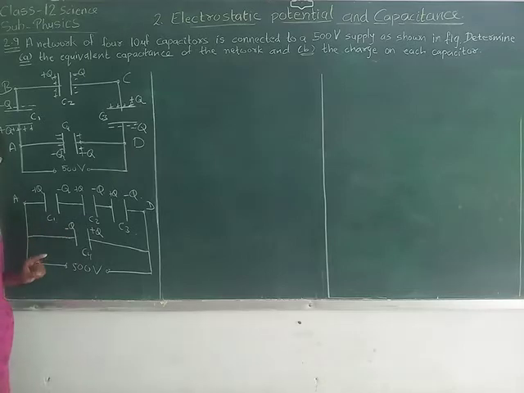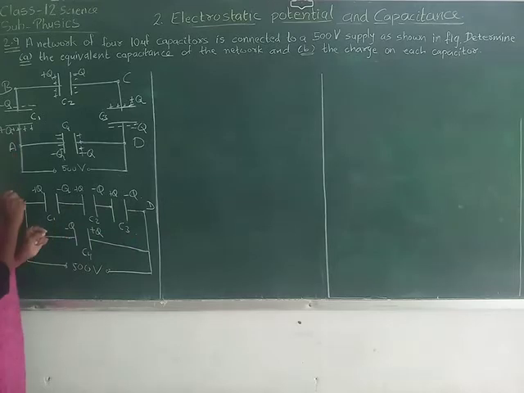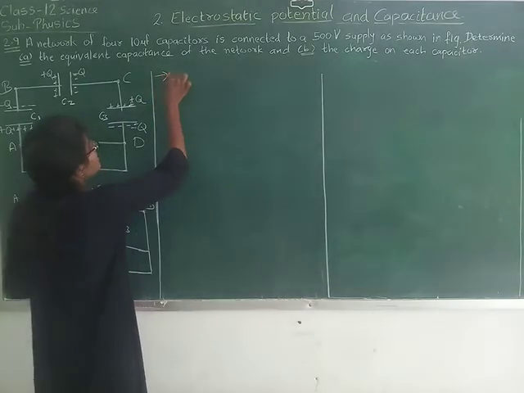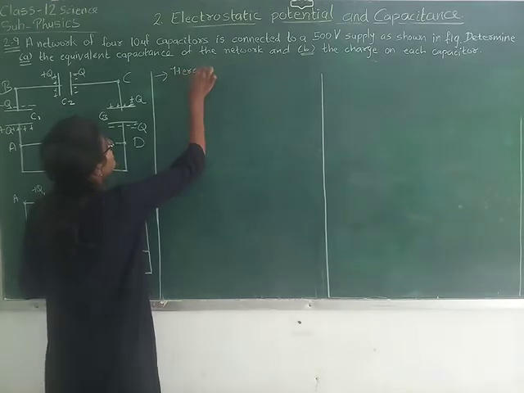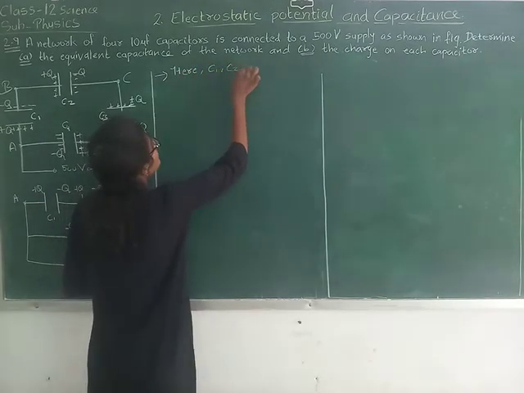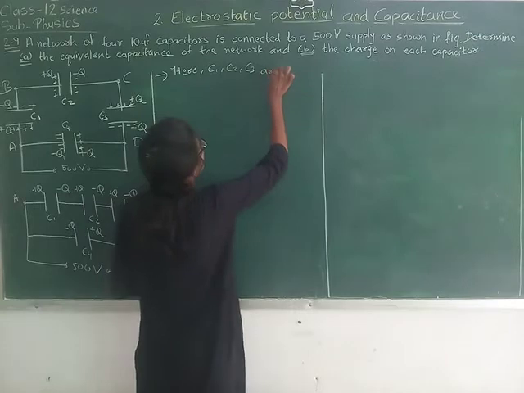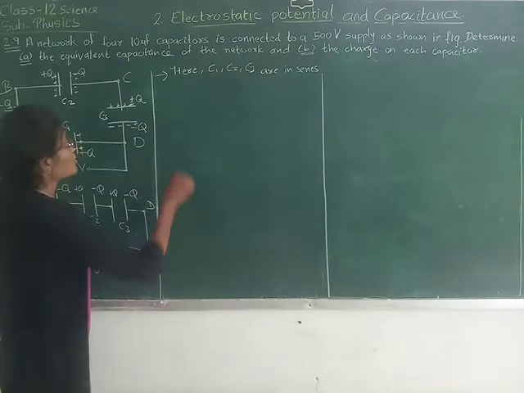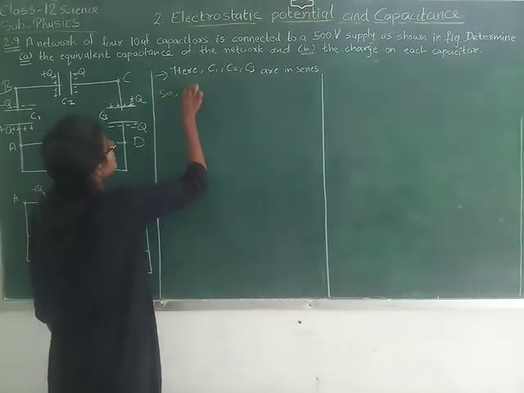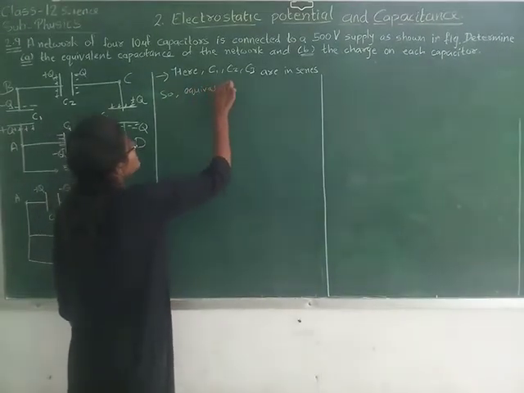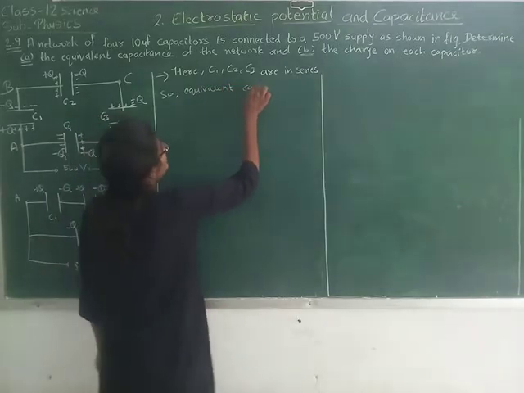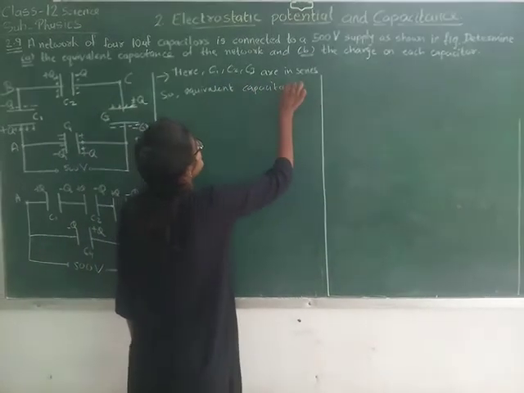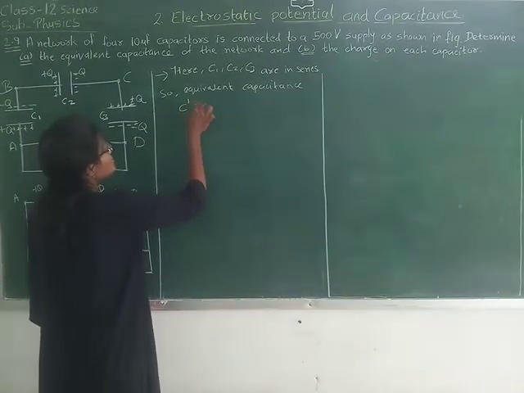So first of all what we need to do? We need to get the equivalent capacitance of these 3 series capacitors. Here C1, C2, C3 are in series, right? So let us term the equivalent capacitance as C dash, right?